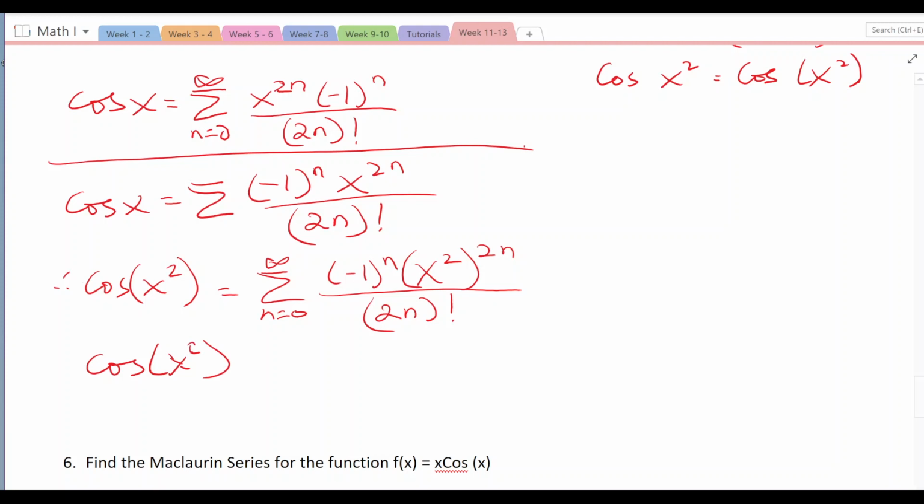Sorry, let me write it down clearly. Cos of x squared is simply the sum to infinity of negative 1 to the power of n times x to the power of 4n, over 2n factorial, and that is our Maclaurin series expression.